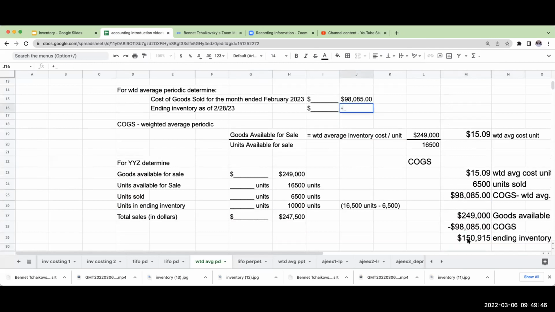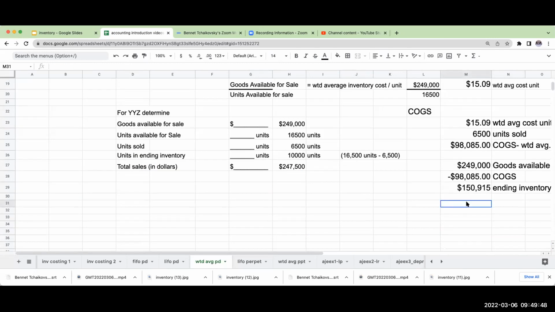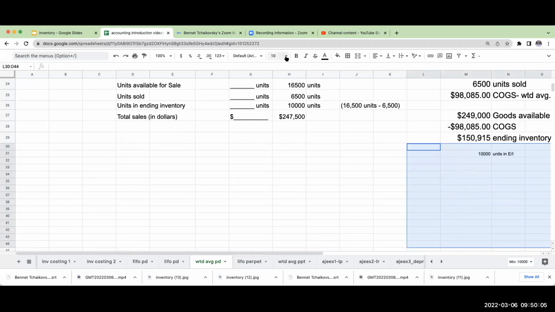or 150,915. Now you might be asking yourself, is there another way we can figure this out to make sure this number is right? Well, let's do it this way. My units in ending inventory are going to be 10,000. Remember, this holds true for every single one of the parts we're going over.